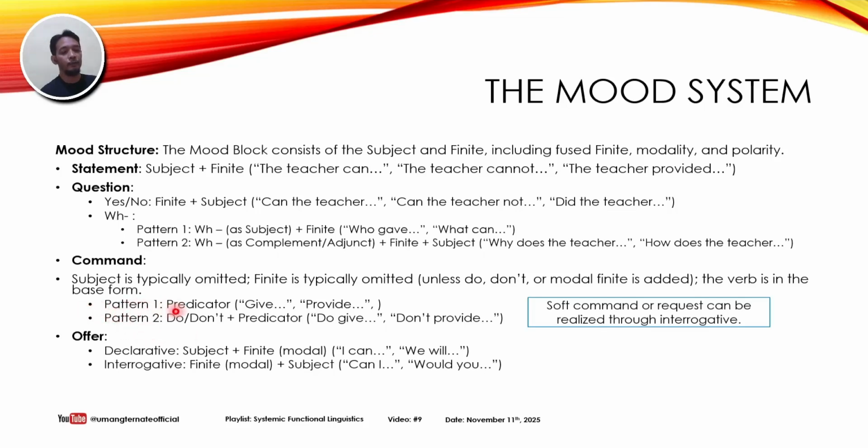The first one just begins with the predicator, like give me the book or provide feedback to students. Those clauses are commands. The second pattern, especially when we use do and don't, is used to tell someone to do something or not to do something.